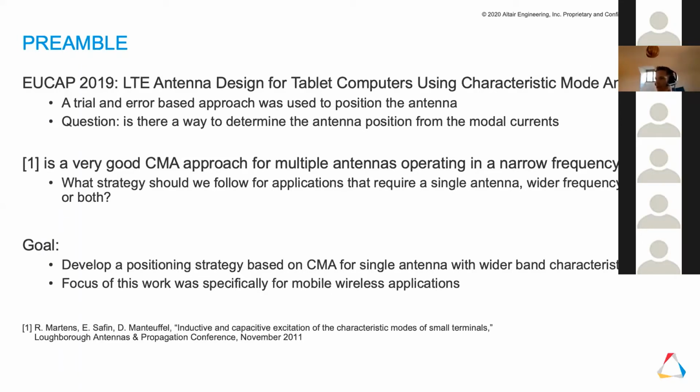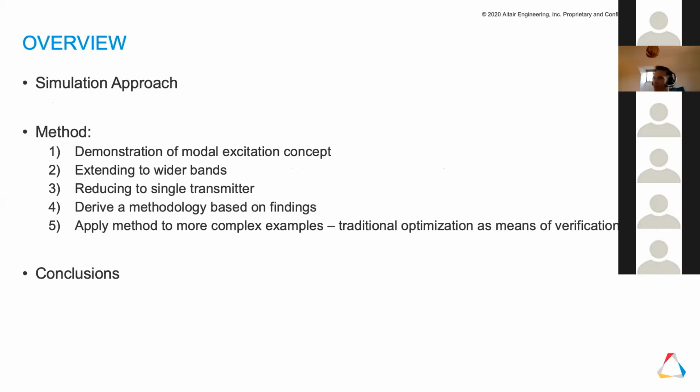The goal then was to develop a positioning strategy, obviously using CMA, but for a single antenna, and focusing on antennas that have wider band characteristics. And once again, the focus of this work was predominantly on mobile or wireless applications. So I'm going to start off with a brief summary of the approach that we followed.